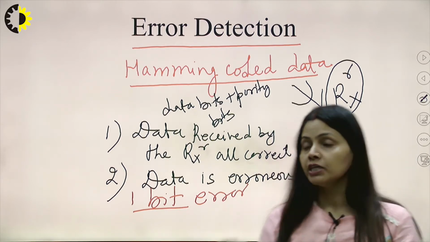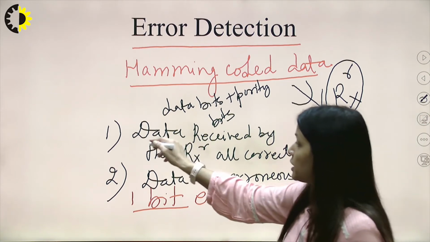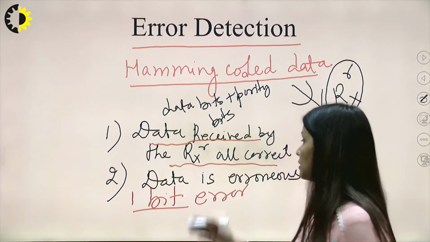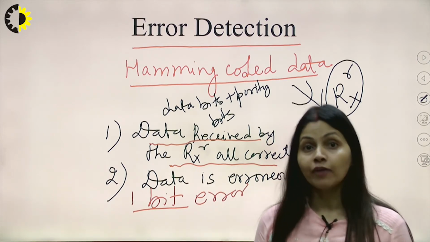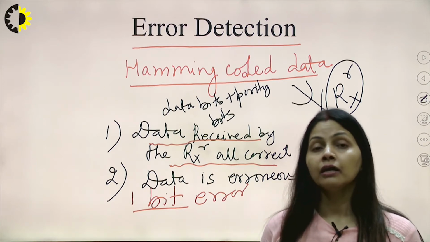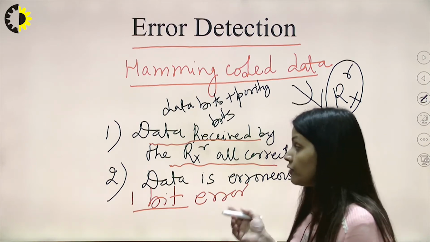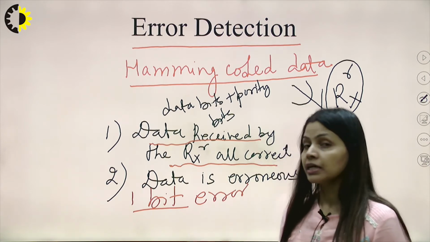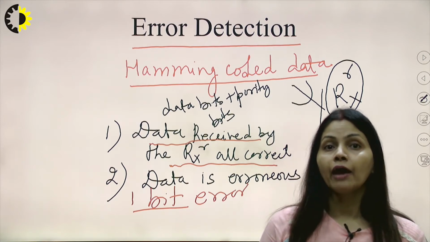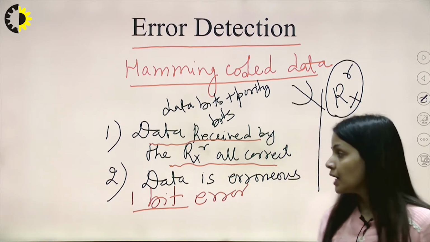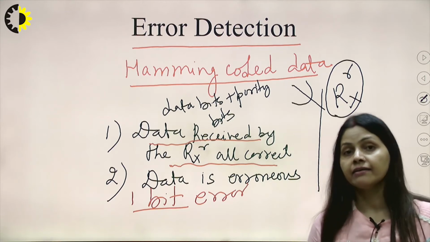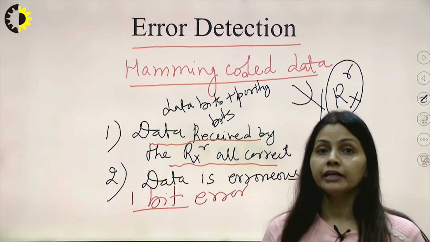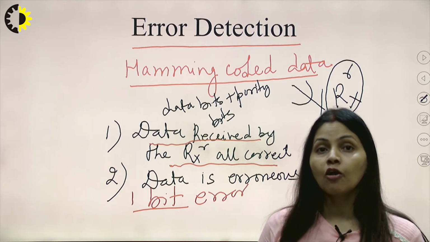So out of these two, if the data received by the receiver is all correct, then also the algo will run, and if the data is erroneous with one bit, then also the algo will run. Algo will run in both the cases, because in first case receiver wants to confirm that I have received the correct data, and in the second case if there is any error of single bit, then it can be detected and it should be corrected for the correct reception of the data.